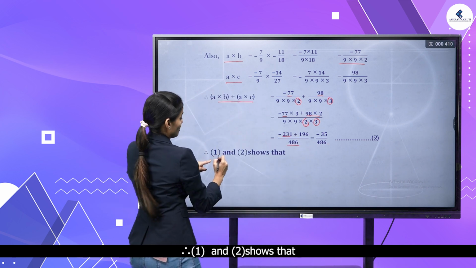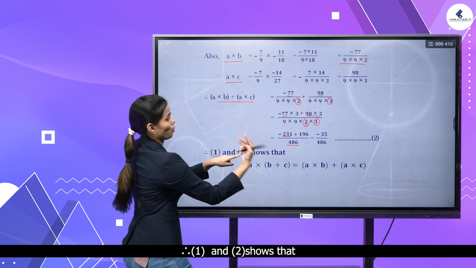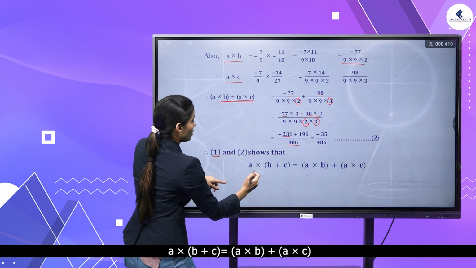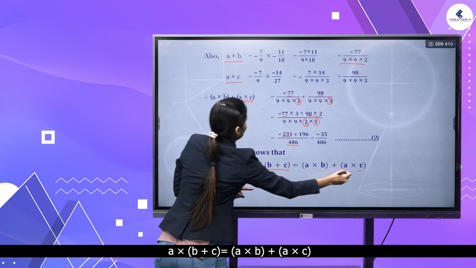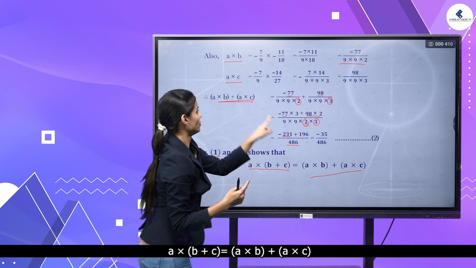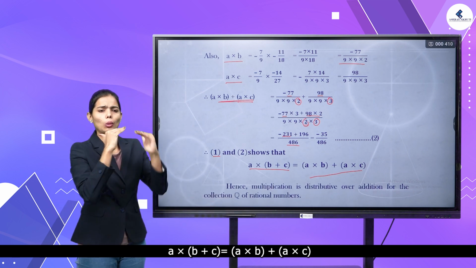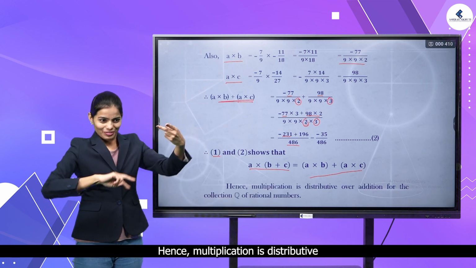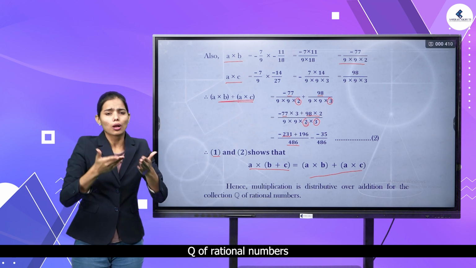Therefore, 1 and 2 show that a into b plus c is equal to a into b plus a into c. Hence, multiplication is distributive over addition for the collection Q of rational numbers.